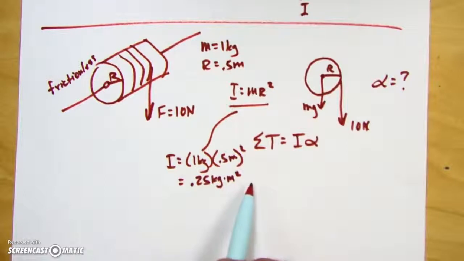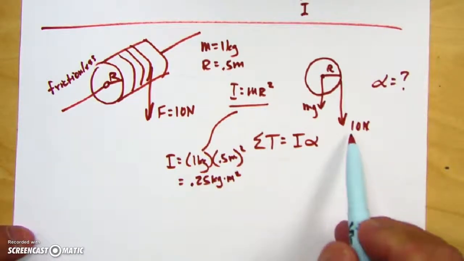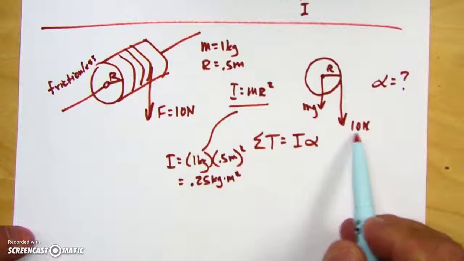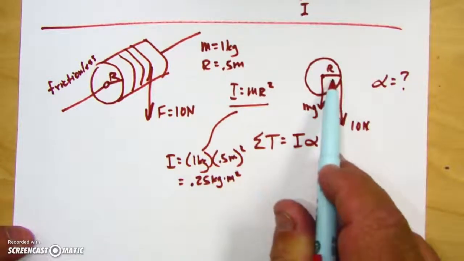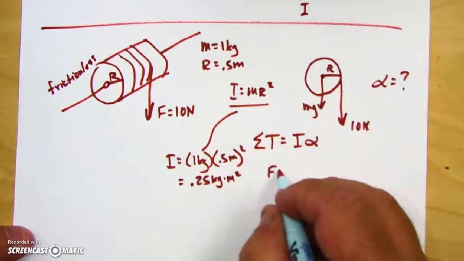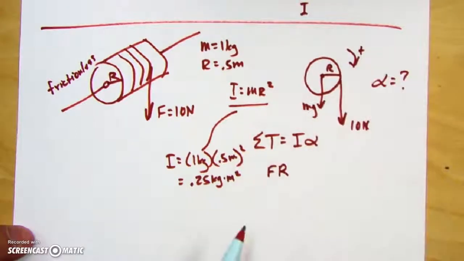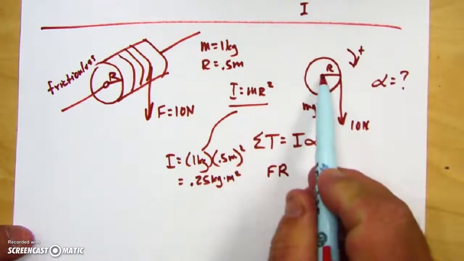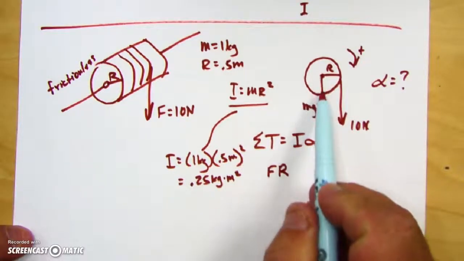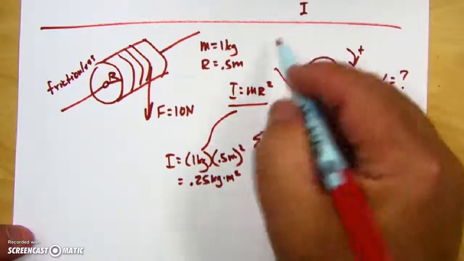Now the next thing I want to do is calculate what the torque is. If I look at this, the torque is going to be 10 newtons times R. So for the sum of the torques, I'll write a generic equation first: F times R. I'm going to call this direction positive. F times R. Now here's the neat thing about it. mg actually acts through the center point. Since mg acts through the center point, this provides no torque.